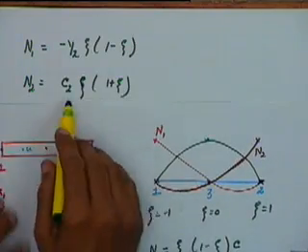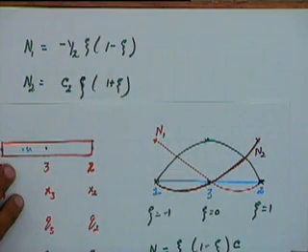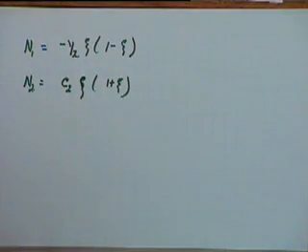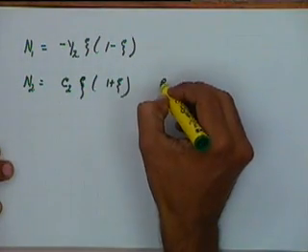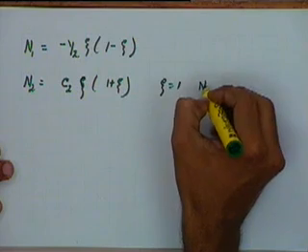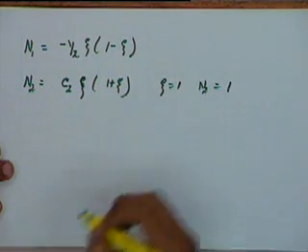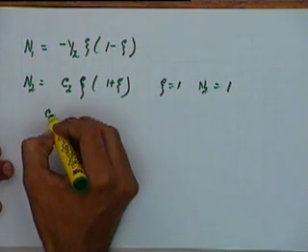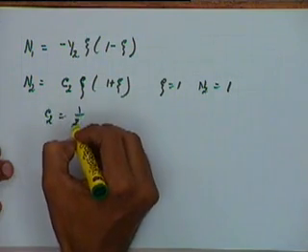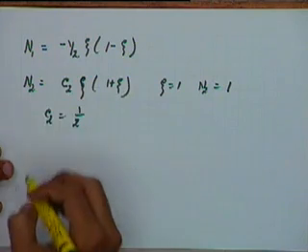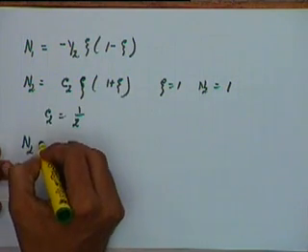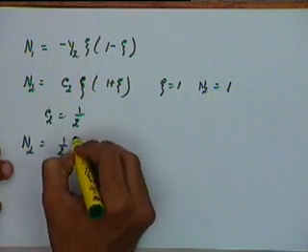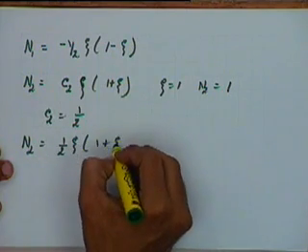So we will have these two terms, zeta and 1 plus zeta in it. And again at zeta equal to 1, N2 is equal to 1. If I put this back over here, I will get C2 to be equal to half, or we will get N2 to be equal to half of zeta into 1 plus zeta.